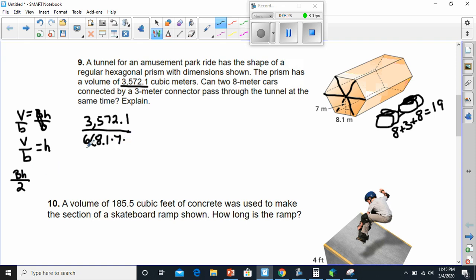Or I could just write it as 8.1 times 7, and then all this divided by 2. All right? So let's give that a shot. And then this will equal the height.